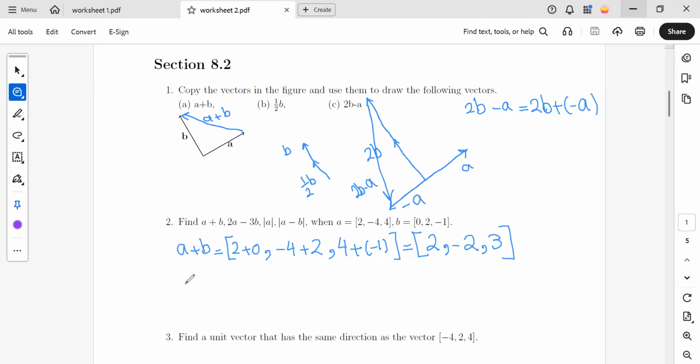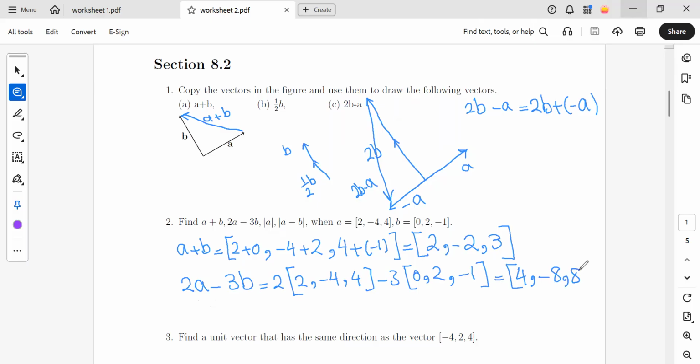For the next one, which is 2a minus 3b, it will be 2 times a, which is (2, negative 4, 4), minus 3 times (0, 2, negative 1). So the first one would be (4, negative 8, 8).